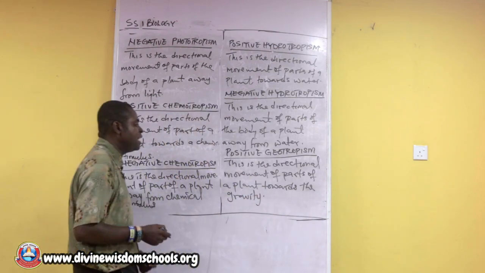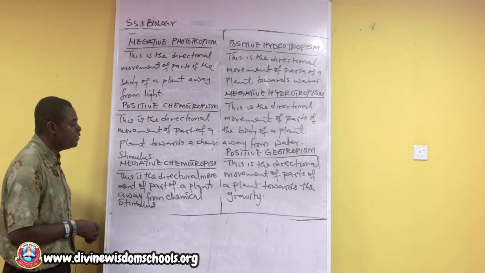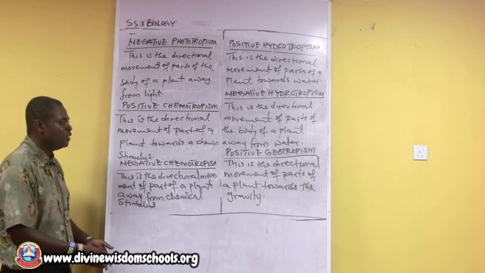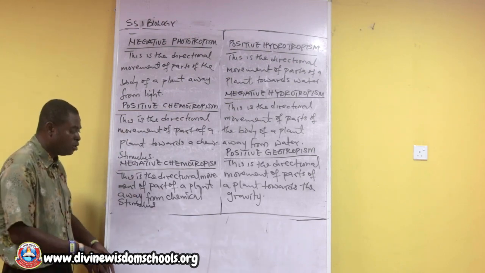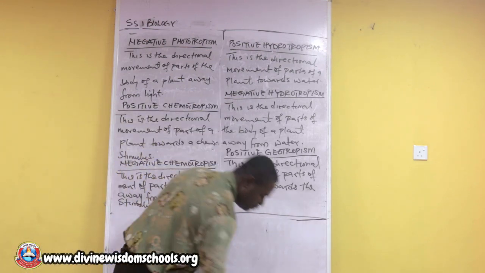So this is the directional movement of parts of a plant towards gravity. You know, gravity means when you throw something up, it goes down. So the root of the plant growing more downward in the soil is exhibiting positive geotropism.